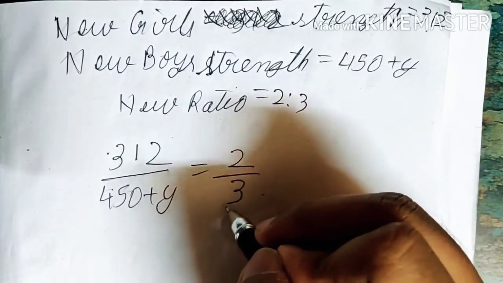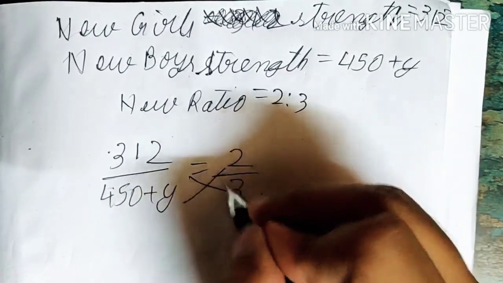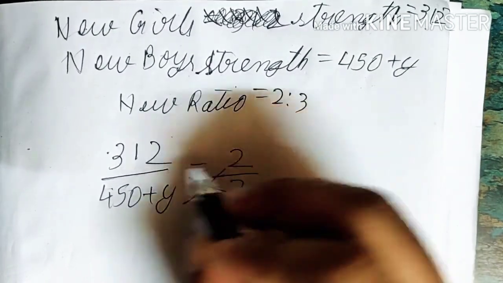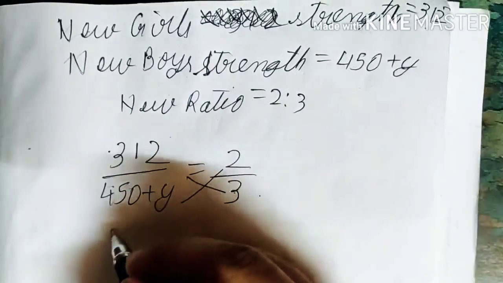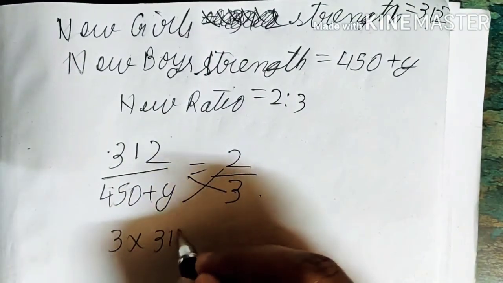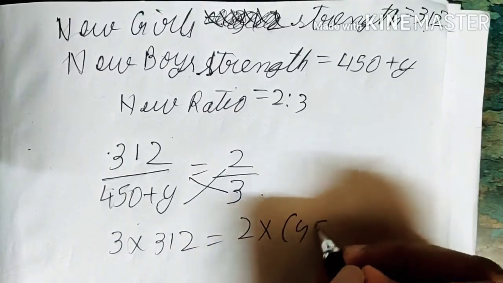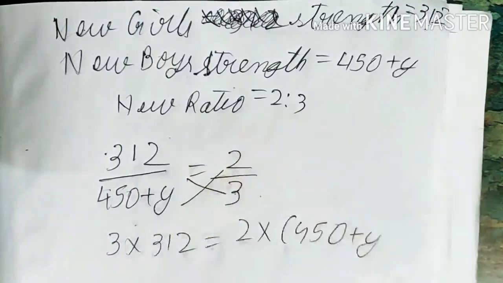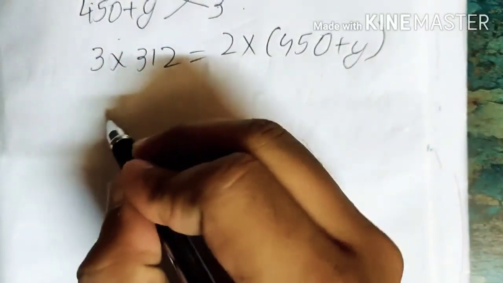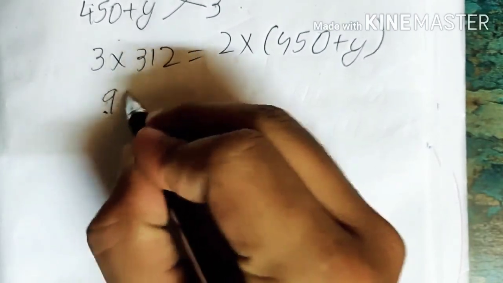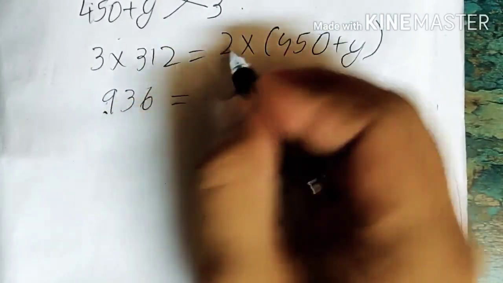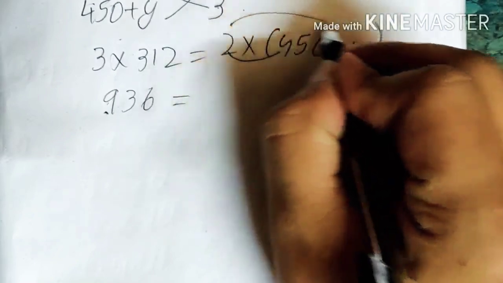Again we will cross multiply them. This 3 in the denominator will go in multiplication with the number on the other side, and this here will go here in multiplication. Multiplying, it becomes 936 equals, this 2 will go with this as well as with this.